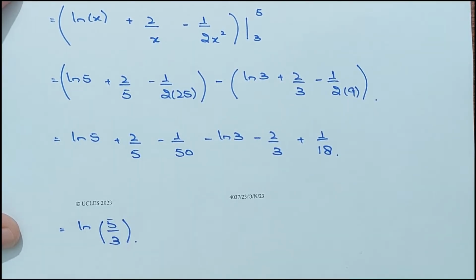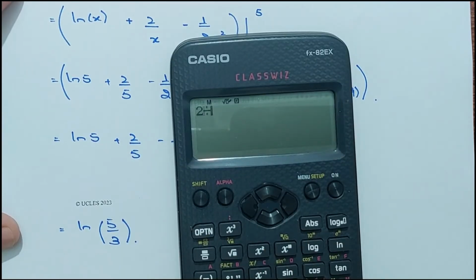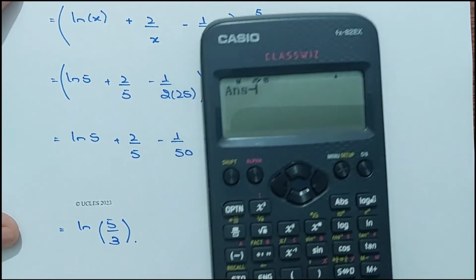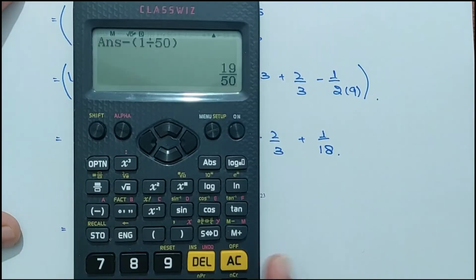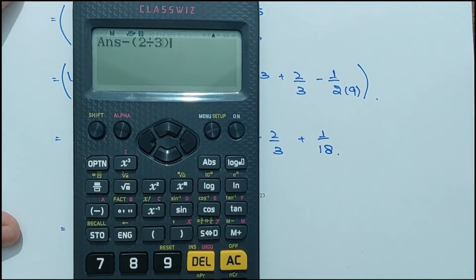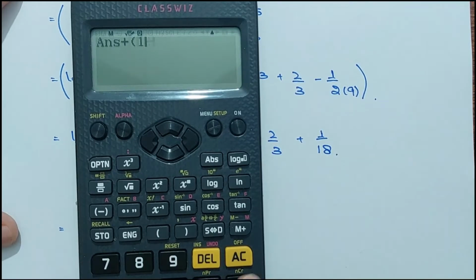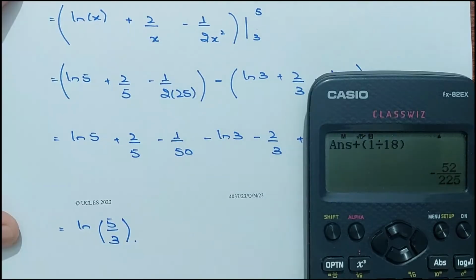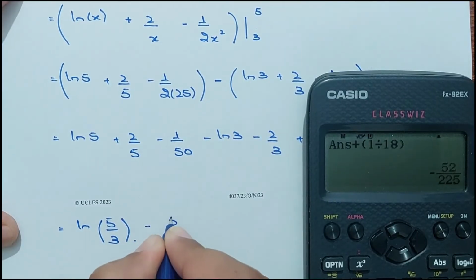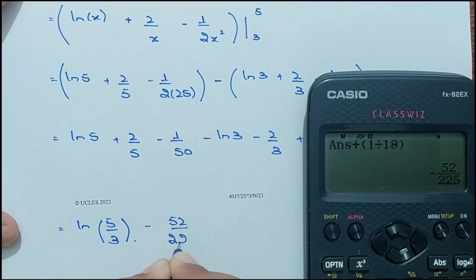And simplify the fractions. We have 2 by 5 minus 1 over 50 and minus 2 by 3 and plus 1 over 18. This is minus 52 over 225, right?